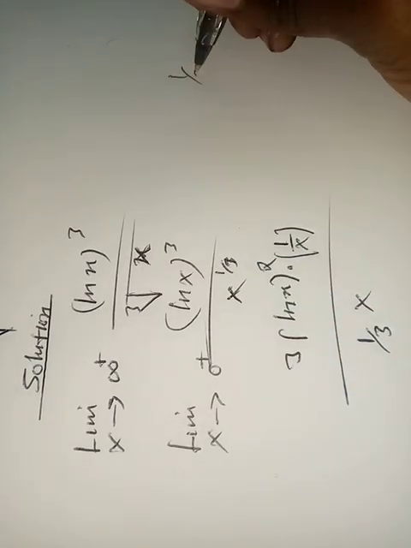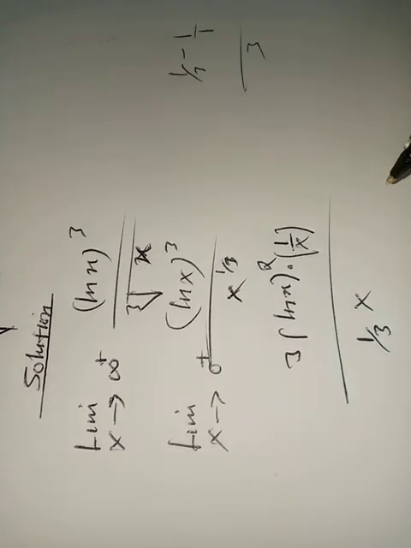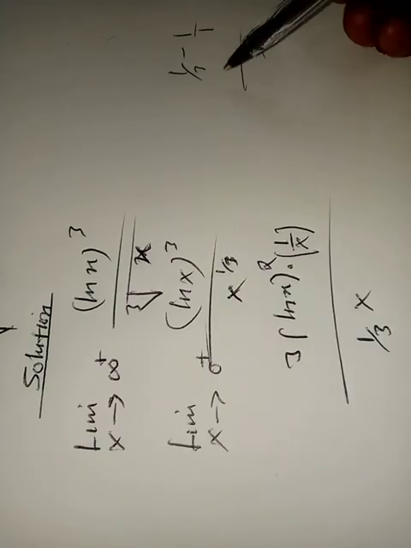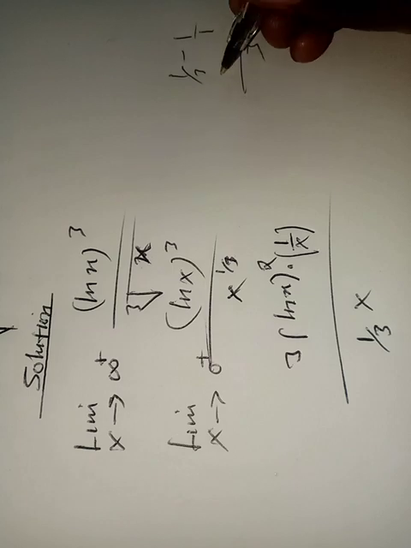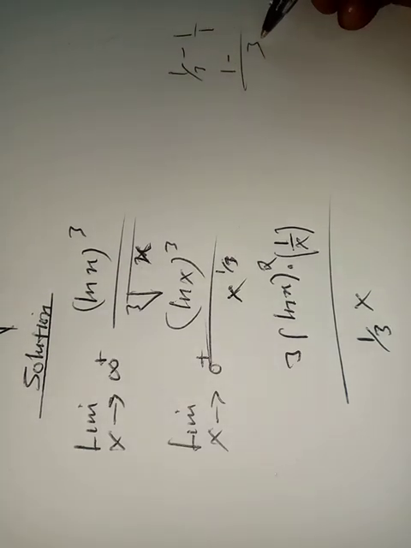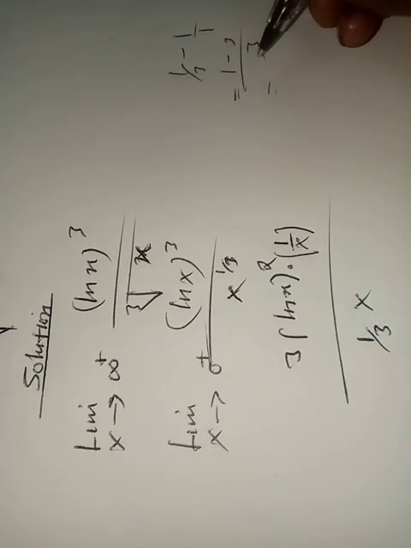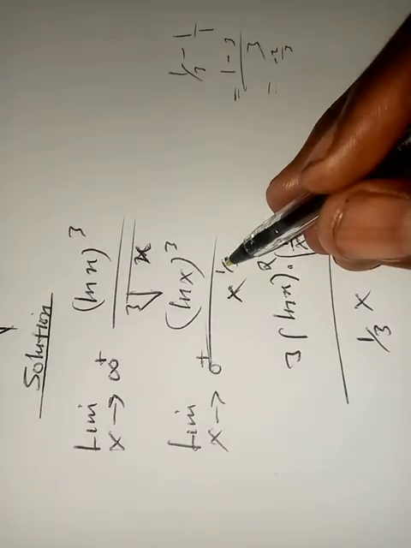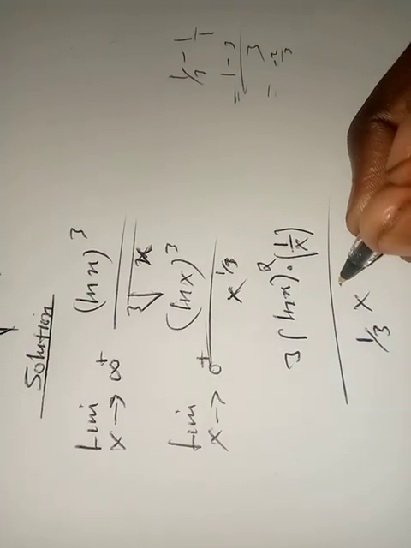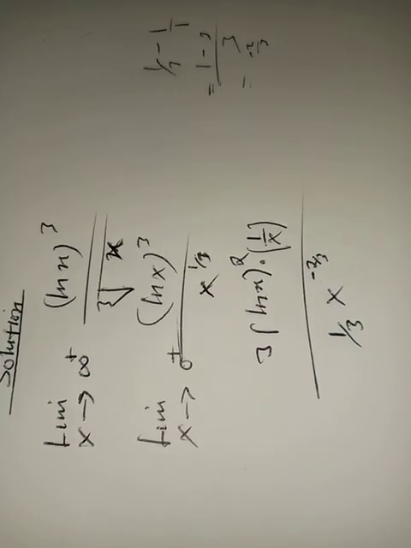So you say this is 1/3 minus 1, over 3 down there. Then you do some simple mathematics: 3 into 3 is 1, times 1 is 1, and then 1 into 3, 3 times what is 3, and that is negative 2 over 3. It means you have reduced that 1/3 to negative 2 over 3.